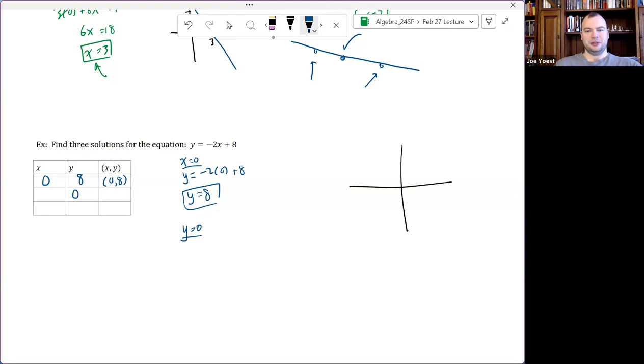For y equals 0, I get 0 equals -2x plus 8. I could add 2x onto both sides to get 2x equals 8, then divide by 2 to get x equals 4. So when y equals 0, x must be 4.